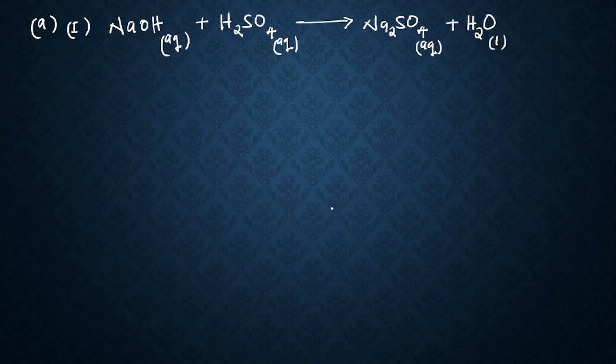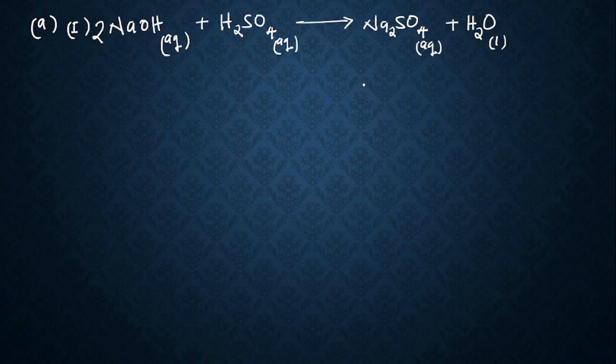Now, if you look at this equation, you discover that it's not balanced. On the reactant side, we've got 1 sodium. On the product side, we've got 2 sodium. So you put a 2 there, and sodium is balanced.